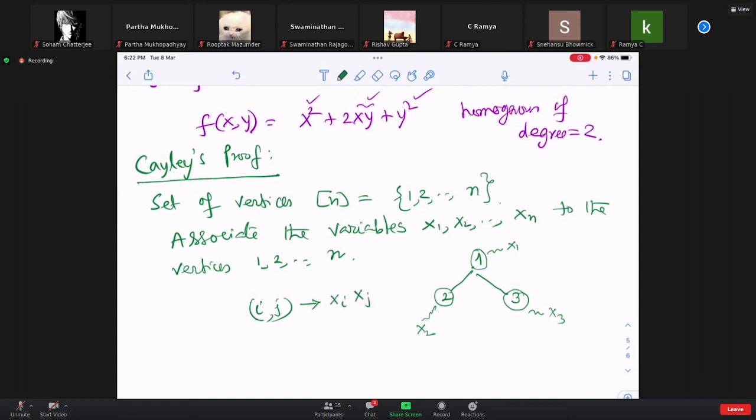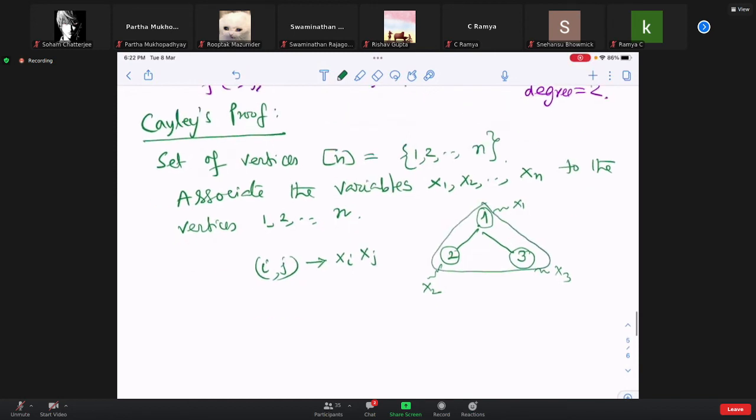For example, if I have this tree, I can have a nice association with it in the following way. This is an edge, right? 1, 2 is an edge. For this edge, write the variable x1, x2. 1, 3 is an edge. Write the variable x1, x3.